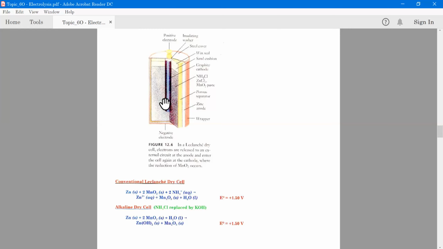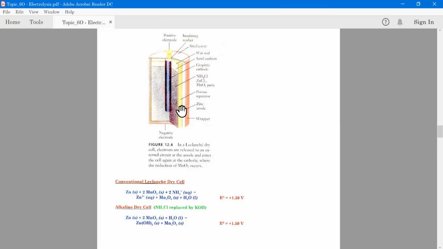And so the electrons that are released in that reaction reduce the manganese from 4 to 3. And so the ammonium chloride is in there as essentially something to make this conductive, because it's not really dry. It's kind of a moist paste. That's what allows electrons to be transferred in and out of here as the reaction goes.